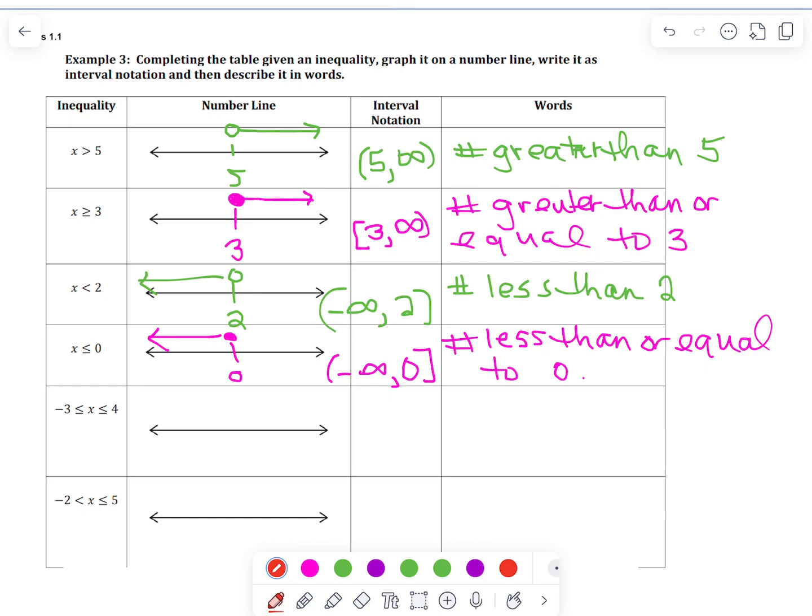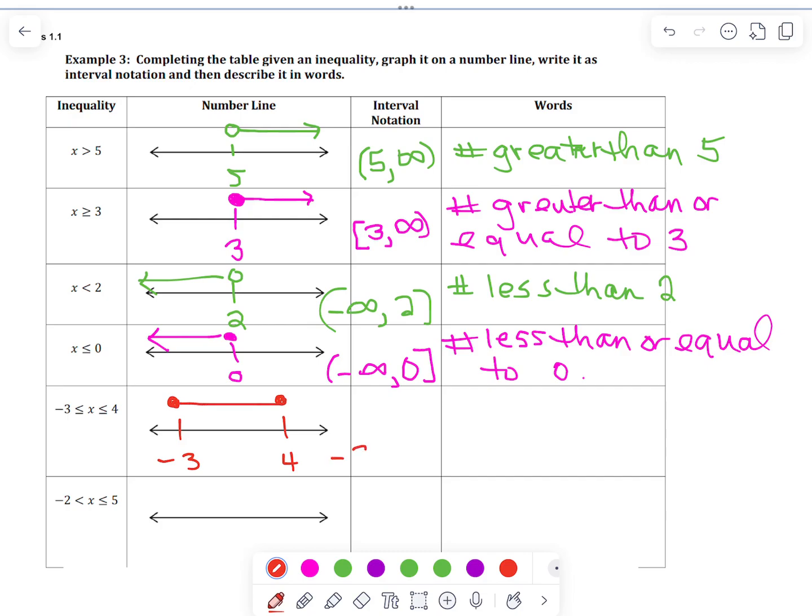Now we have a number between -3 and positive 4. It does include both of those. So closed circle, closed circle.